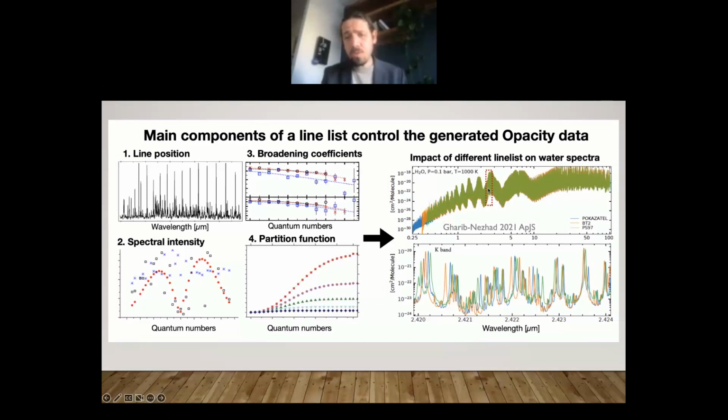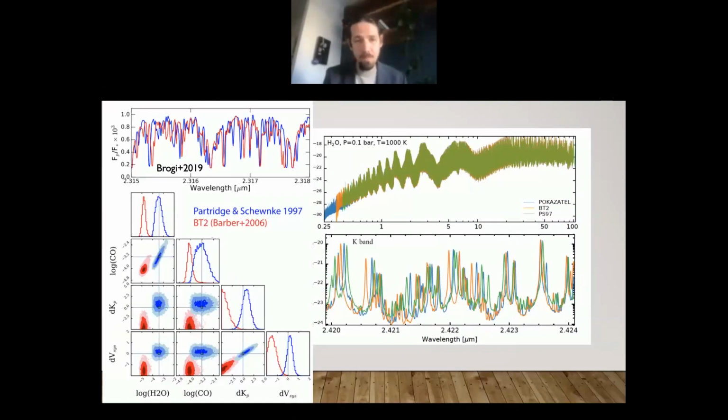When you zoom in, you see the line position, you see extra lines, and these are all important because, as Brogi and Mike Line showed in 2019 with the high-res cross-correlation technique, these differences in the line position would translate to different C to O ratios, to different characterization.